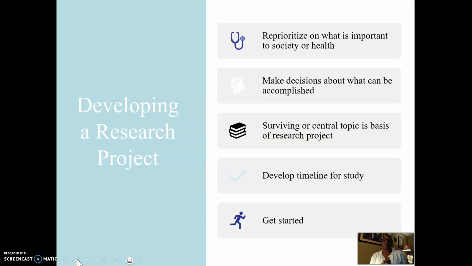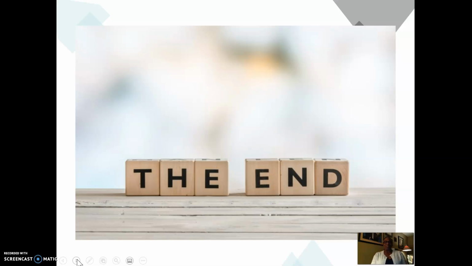You make a decision about what can be accomplished. Once you see that you have this surviving or central topic, that is the basis of your research project. Once you have your topic, you will develop a timeline for that study, and then you'll get started. Doesn't seem too bad, right?